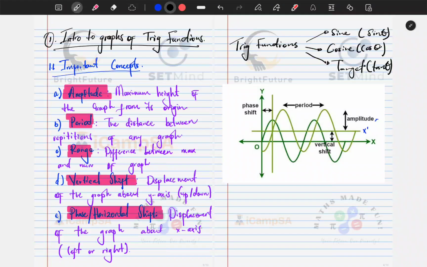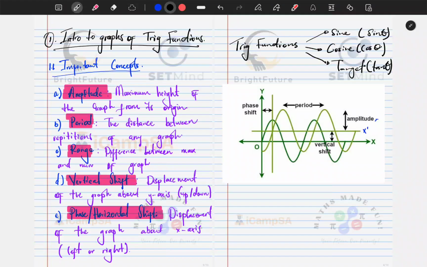So there are important concepts that we need to understand when we dive into this topic, and I've tried to summarize them into the simplest terms here. These are some of the most important concepts, and it will help you understand this topic better if you grasp them.